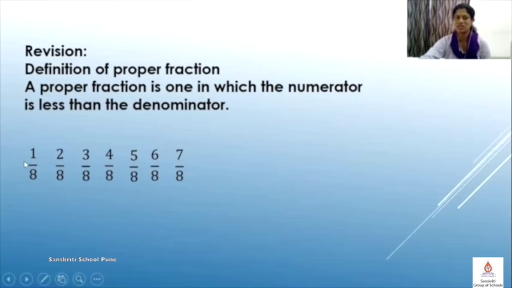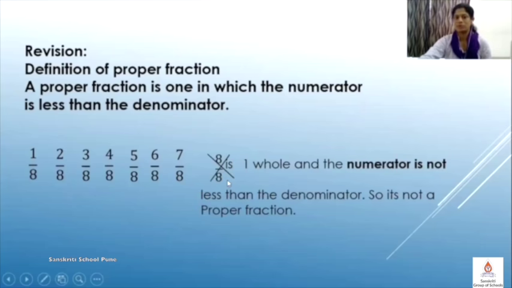In all these fractions, if you observe, the numerator is less than the denominator. But in 8 upon 8, it becomes one whole, and the numerator is not less than the denominator. So 8 upon 8 is not a proper fraction.